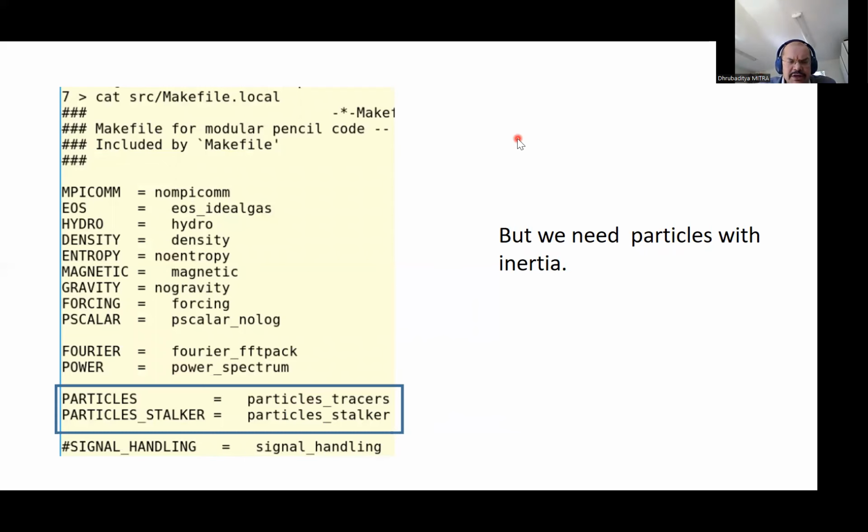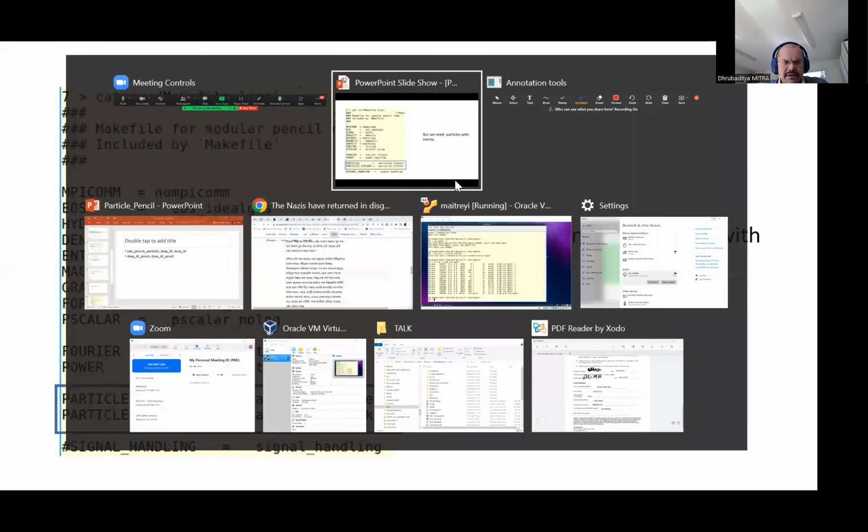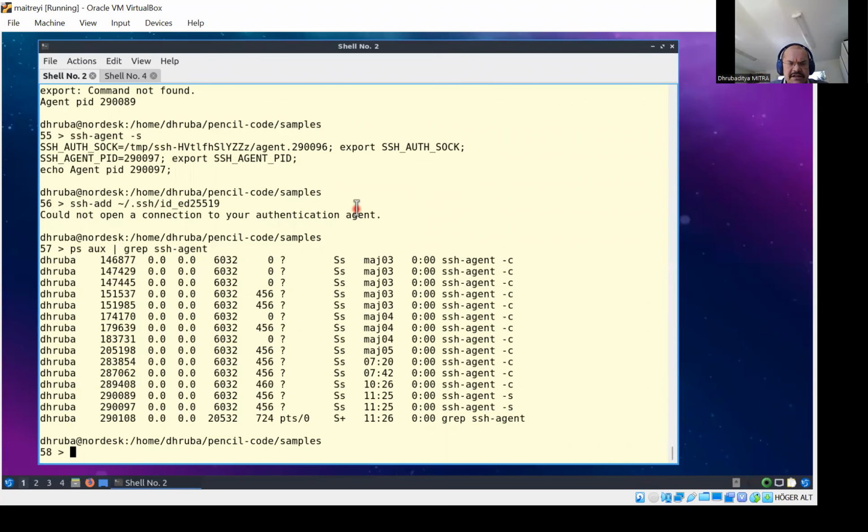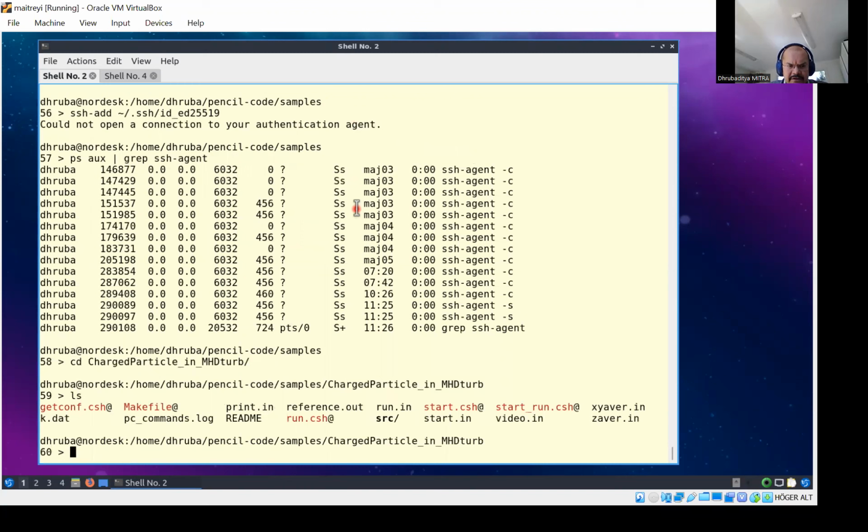So now I am looking at a sample. Can you see my screen still? Yes. Okay. So in the samples, there is one called charged particle in MHD turbulence. Okay. Let's go and look there.